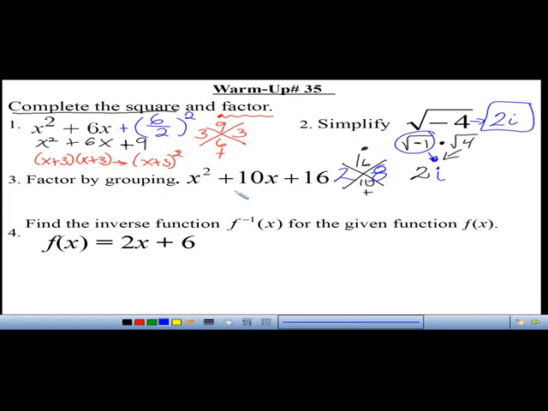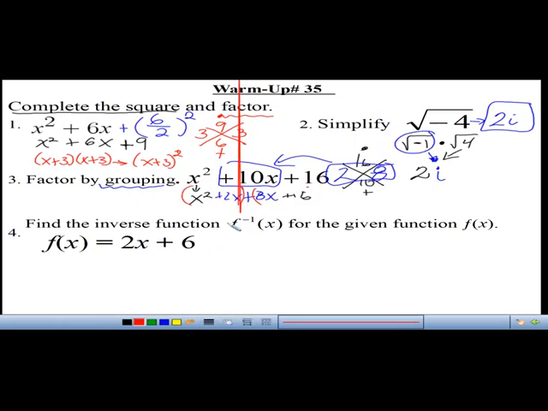However, I can no longer write the shortcut version because here they're asking us to do what? By grouping. So that means I need to bring the first term down, x squared. And then from there, instead of bringing the 10x down, I break it up into these two factors that I found, which is plus 2x plus 8x. And then I bring down the plus 16. And now I can factor by grouping.